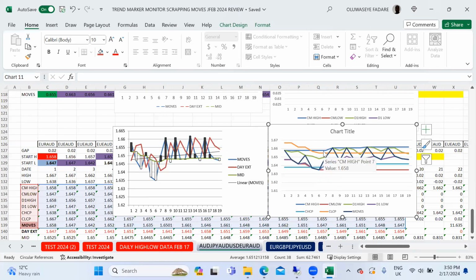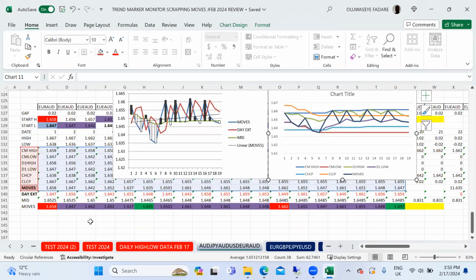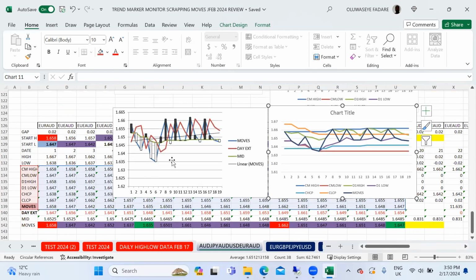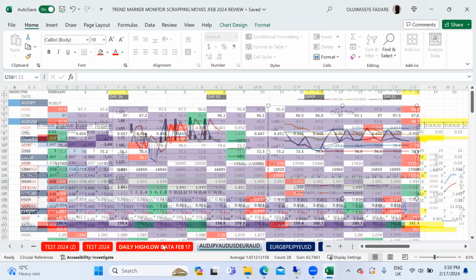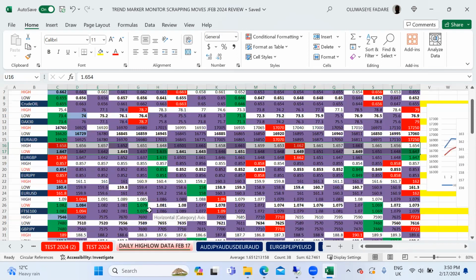Okay, so I believe this has been able to explain our trend marker monitor scrapping report. All we just did was this template has already been created logically. So all we need to do is get in the right figures and then the template tells us whether the market is buying or selling, and that will help us take our actions correctly based on the information that we have.